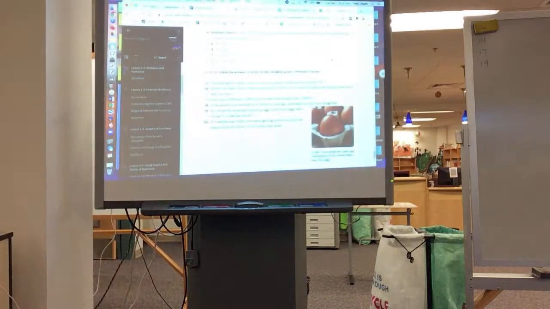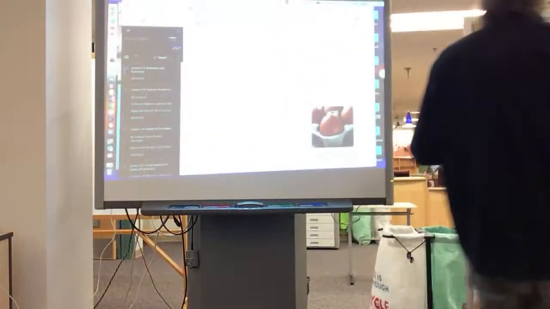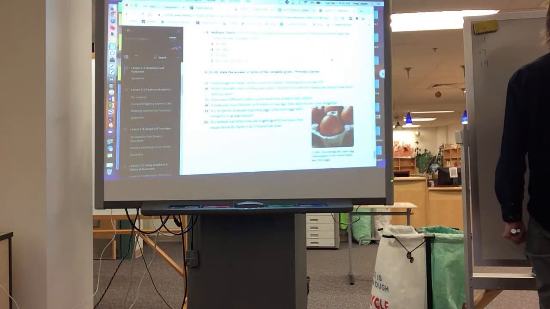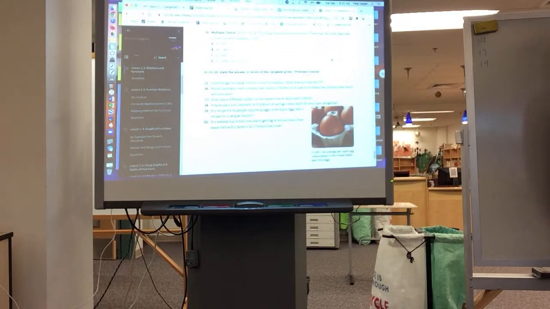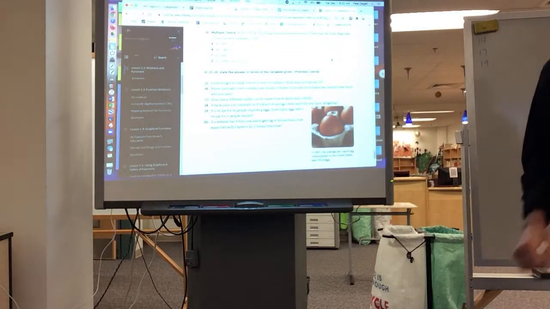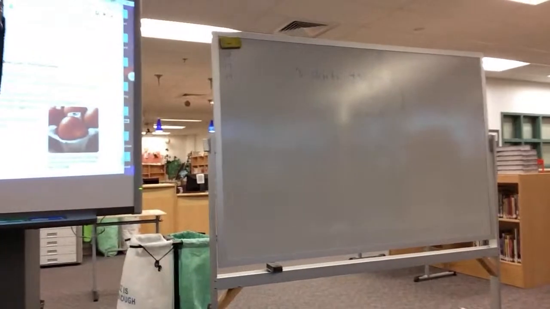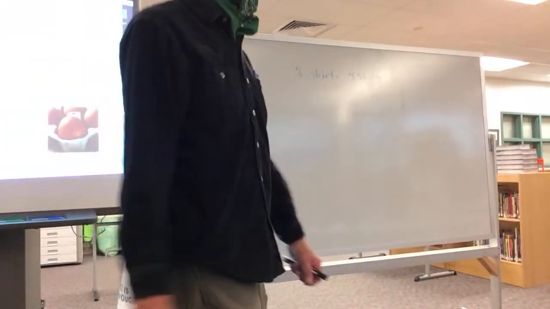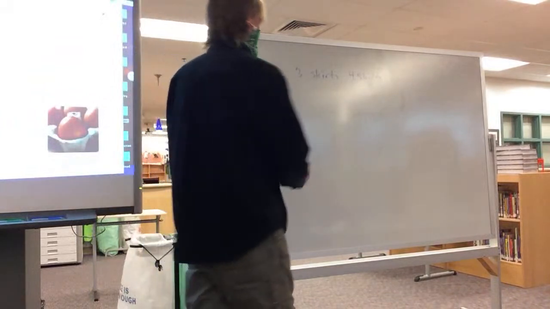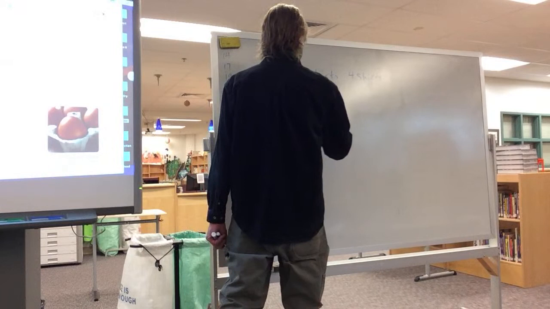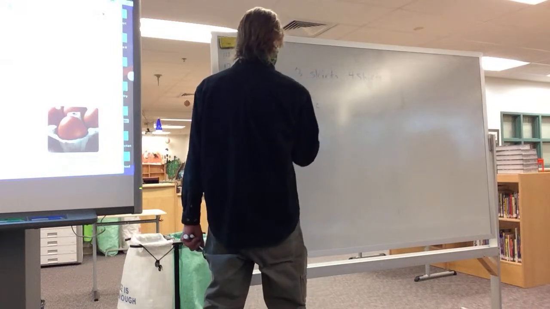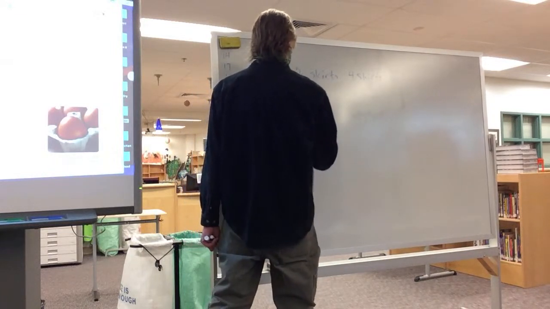Use an example. Let's say we have 3 skirts and 4 shirts. How many combinations can you have? So you have skirts A, B, C and shirts 1, 2, 3, 4.